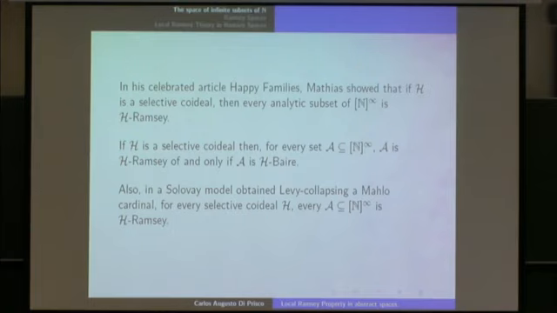He also showed that for a selective coideal H, every subset of our space is H-Ramsey if and only if it is H-Baire, which is an extension of Ellentuck's original result. And also, in Solovay's model obtained by Levy collapsing a Mahlo cardinal, well, actually, this should be expressed in a more precise way.